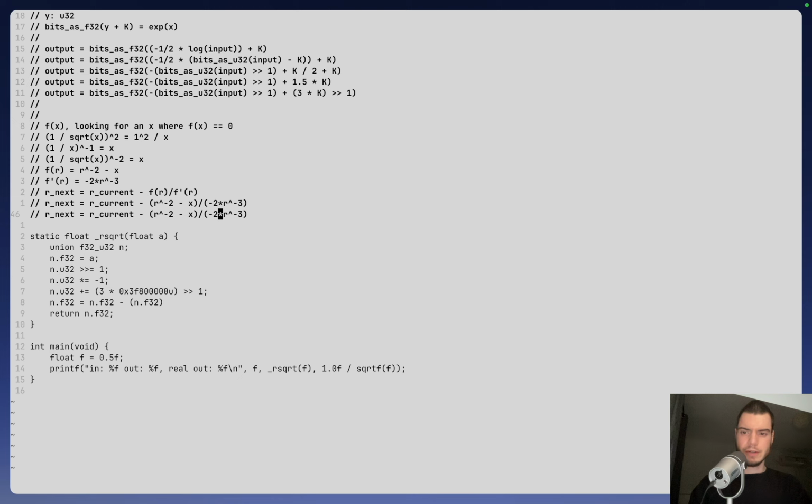Let me just try to write it down first and then I can explain. We would have minus 2 here, and our r to the power of 3 would be here.